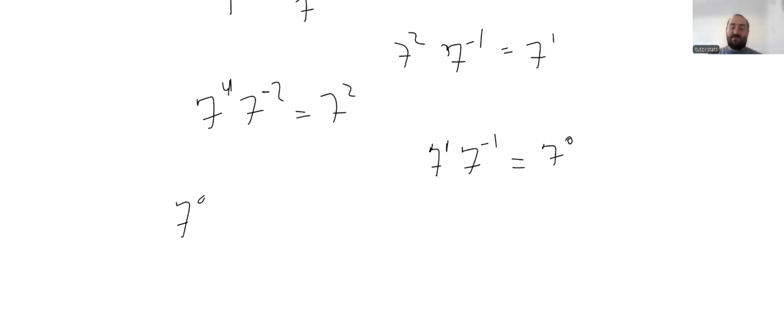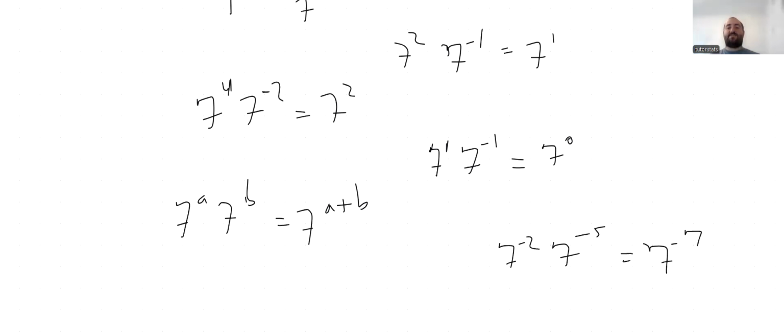And b could be negative or a could be negative. So for example, 7 to the negative 2 times 7 to the negative 5 should be 7 to the negative 7, right? That makes sense. Dividing by 7 twice and then dividing by 7 5 more times means dividing by 7 7 times.